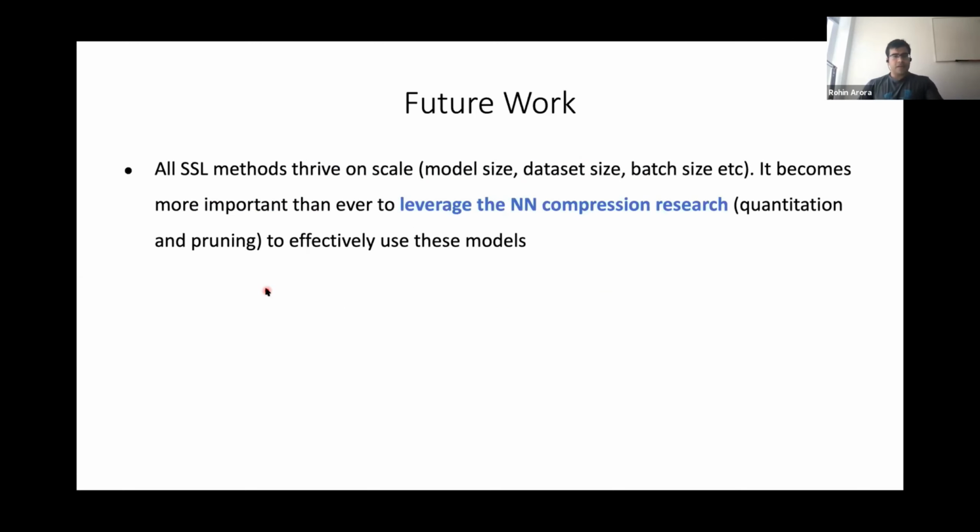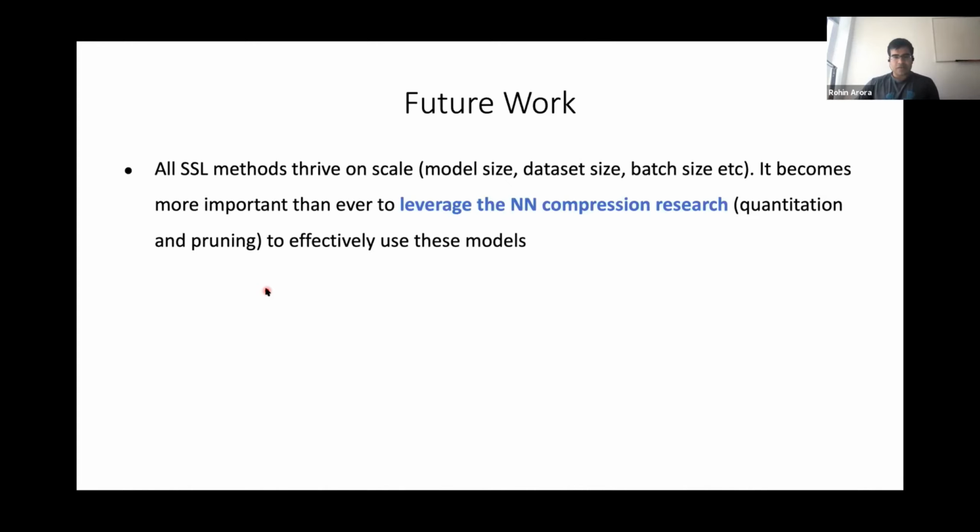And finally, the final future work I think possible is that as we are seeing, neural networks are becoming bigger and bigger. So maybe it would be time to bring in quantization and pruning literature into the field of vision. So generally, pruning and quantization is used for the edge devices, for really small, like tiny ML kind of applications. But it's like an isolated world of its own.